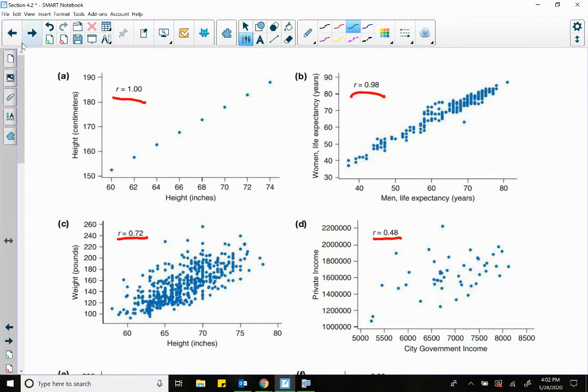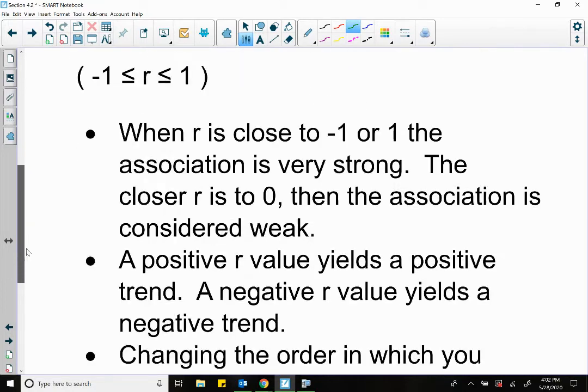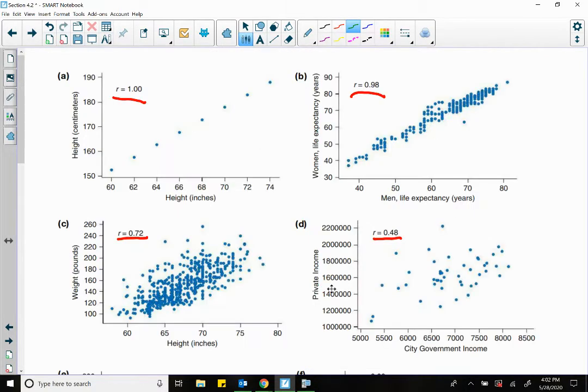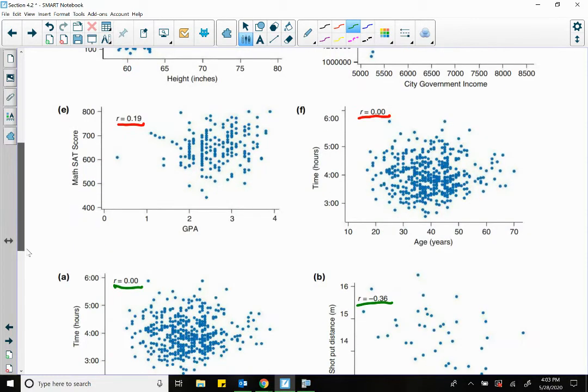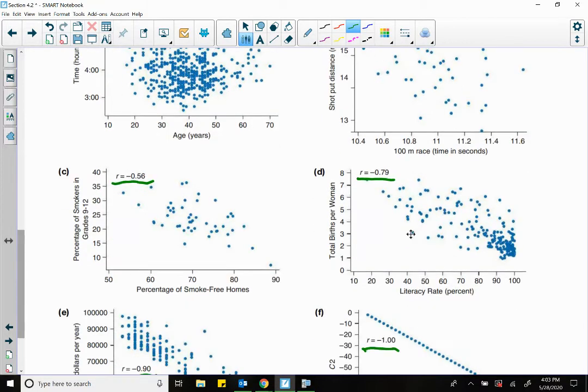All right. Another one that we talked about that I can really illustrate with this information is that correlation does not mean causation. Okay? Over here, a great example of this, right down here. Nope, I want graph D right here.